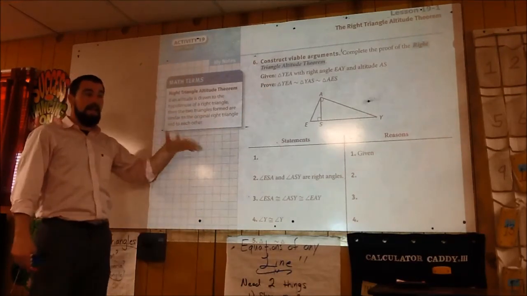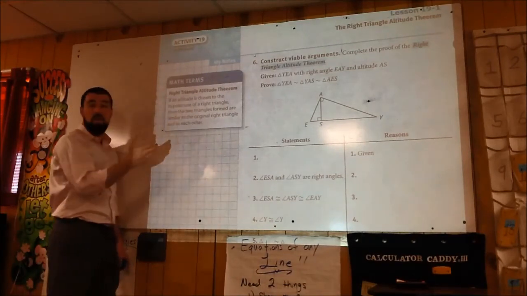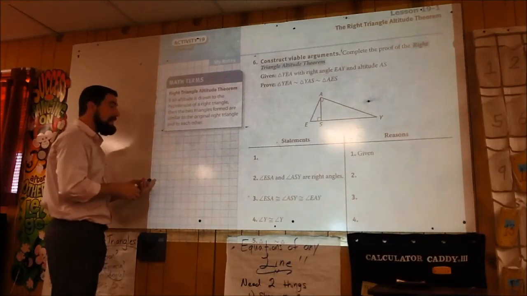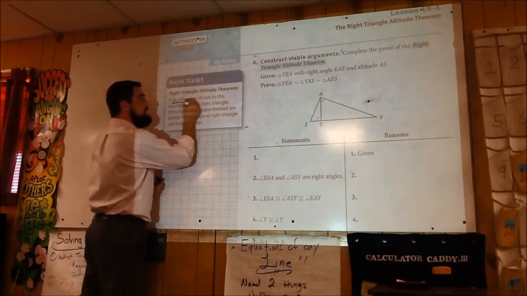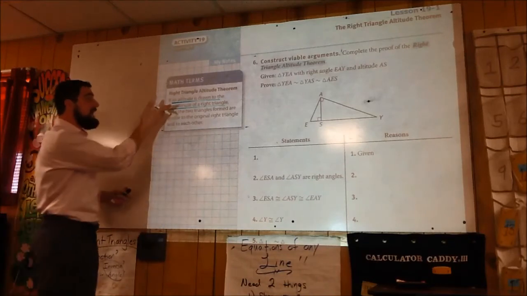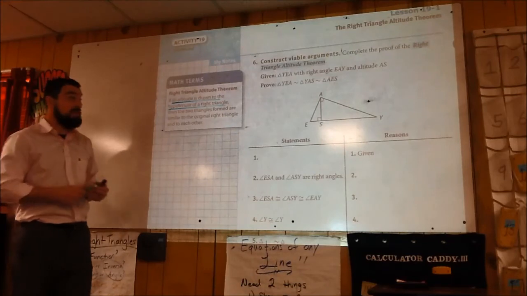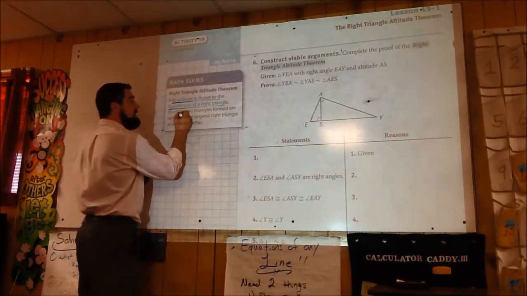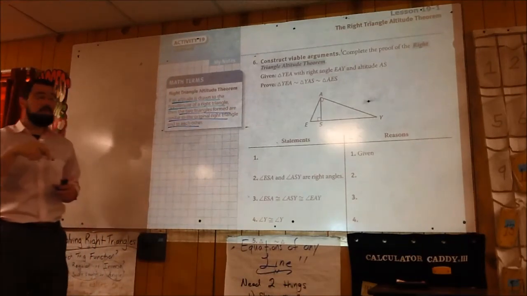Whenever you are proving a theorem, it's in the if-then form, it's a conditional statement. Your hypothesis is what you're given. They're saying, hey, if this is the given situation, that an altitude is drawn to the hypotenuse of a right triangle, then conclude that the two triangles formed are similar to the original right triangle and to each other.